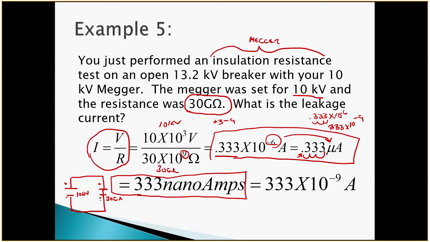It's always going back to this very basic circuit that we started with in the very first one. Now, I realize that the breaker doesn't look like a resistor, but there is some resistance there, or I wouldn't be reading that kind of current.